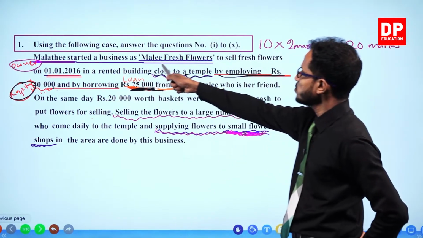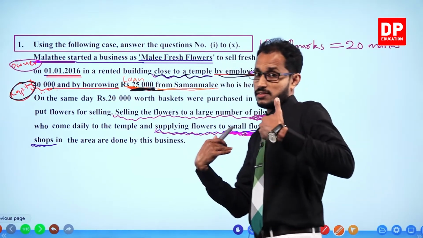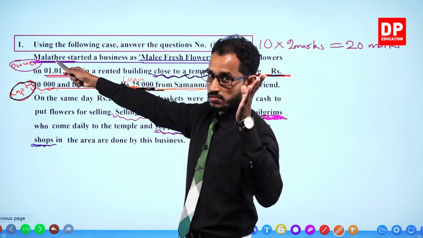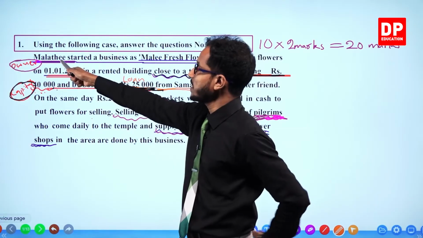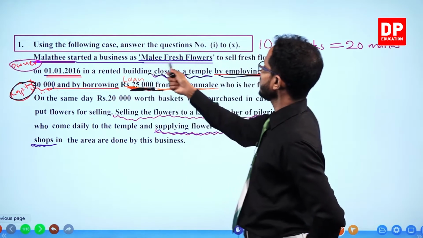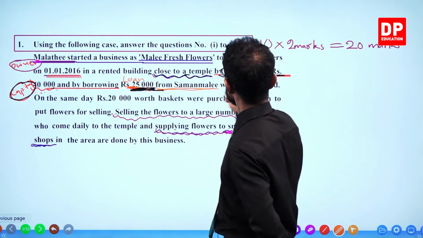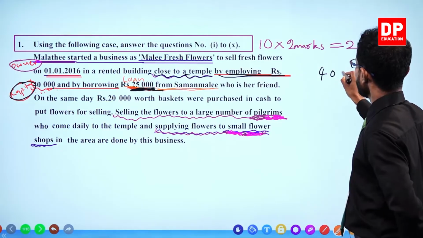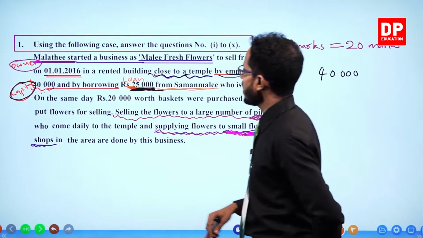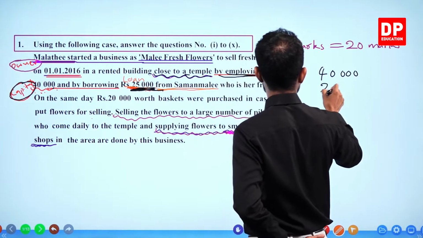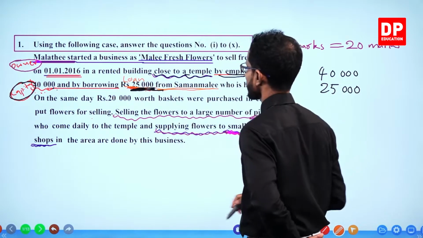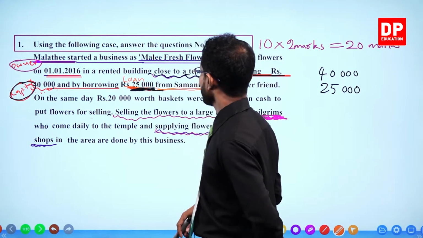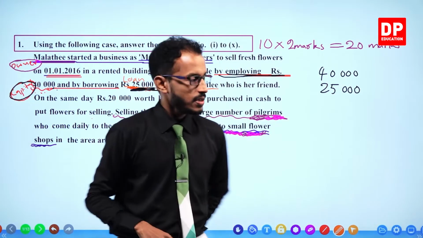Malati started the business with 40,000 in cash. So let's take the figures. 40,000 is the capital and borrowed 25,000 from someone. 25,000 is the loan.